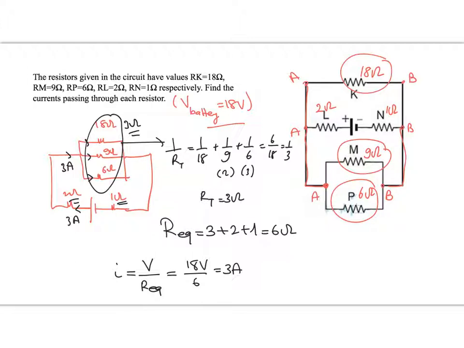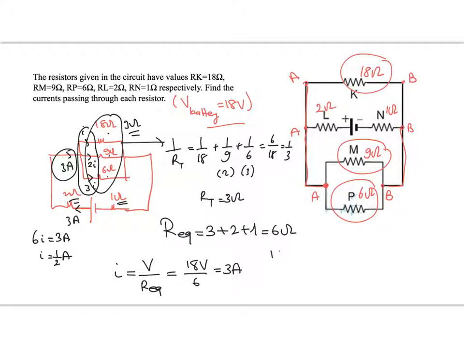When it comes here, they have the same potential, so current will be divided in inverse proportion to the resistance value. So 2I will come here and 3I will come here. As the combination of the currents will give me the current in the main circuit, 6I is equal to 3 ampere, so I is equal to 1 over 2 ampere.